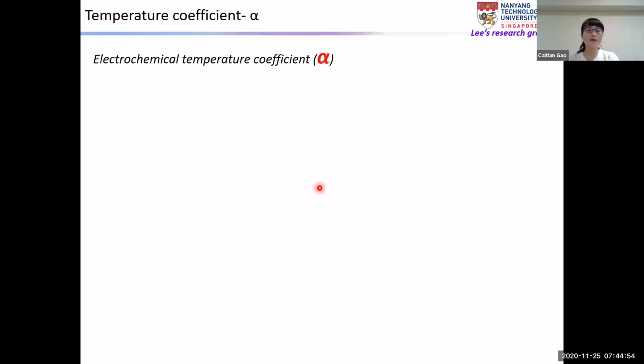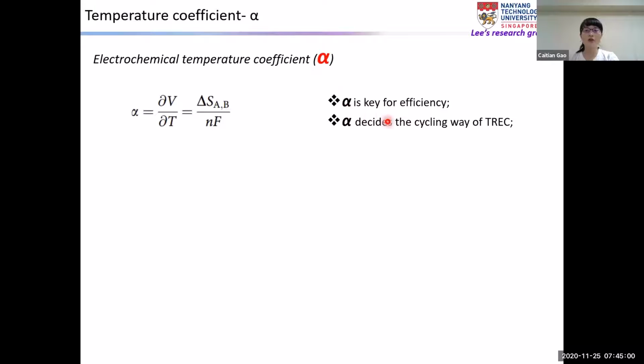So in the TREC system, the electrochemical temperature coefficient alpha is a key factor. This factor decides the efficiency, and also decides how we can run the TREC system. And as we know, the materials determine the performance. So one of my studies is focused on designing the materials and studying how the materials affect the alpha value.